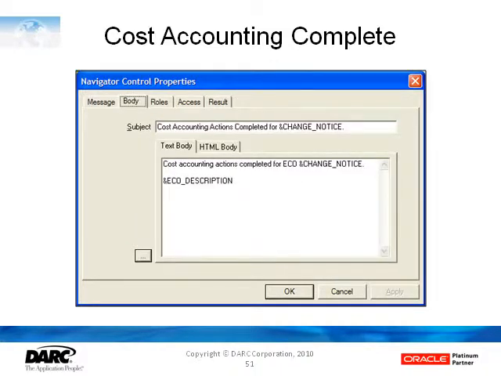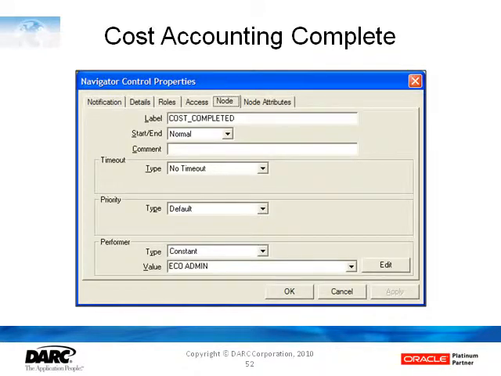And again, we have a custom message just saying that the cost accounting actions have been completed for the specific ECO. And focusing on the performer region again, since we're just notifying the ECO administrator, we're using a type of constant and pointing to the ECO admin approval list.